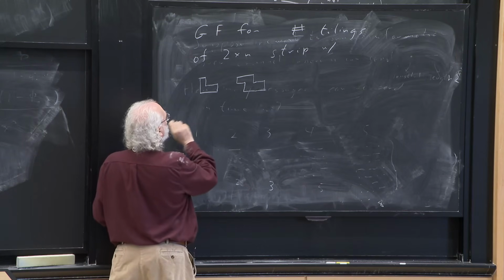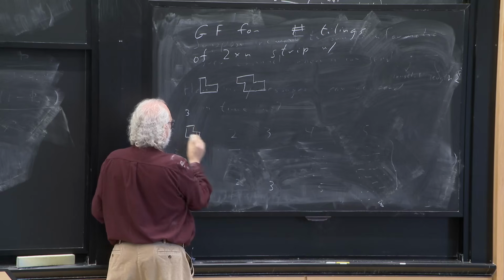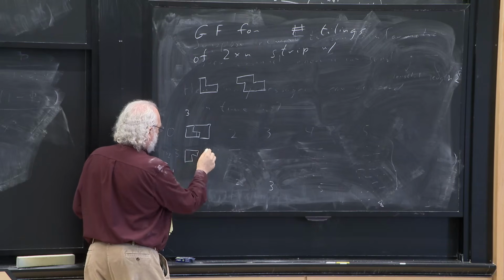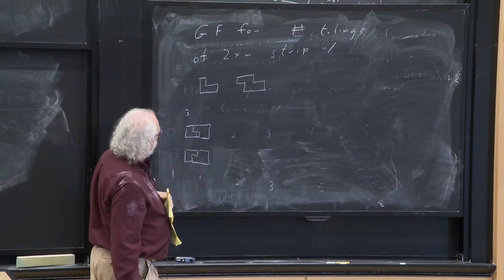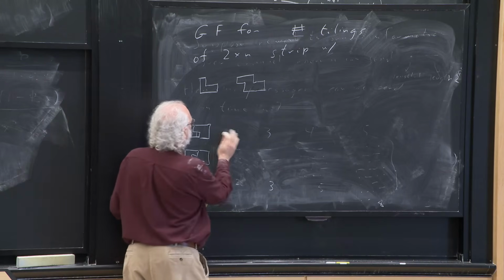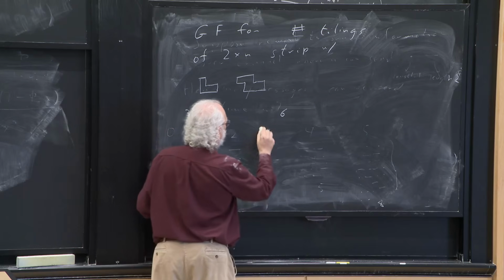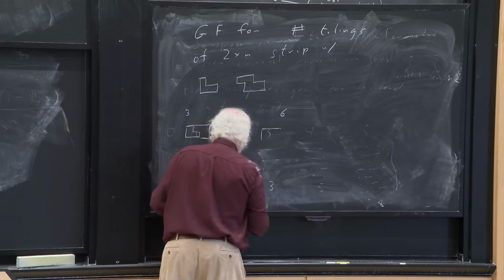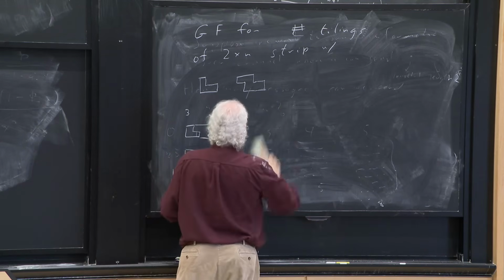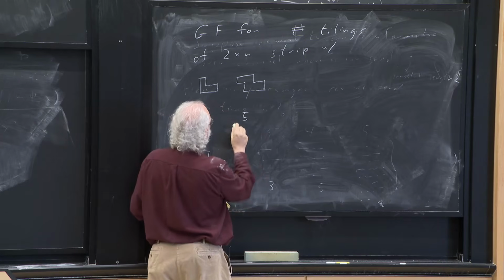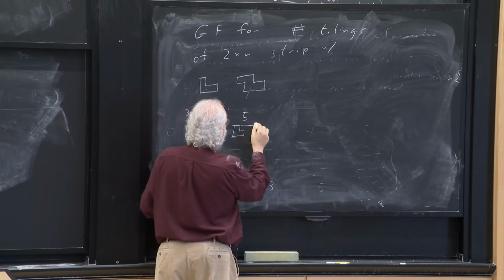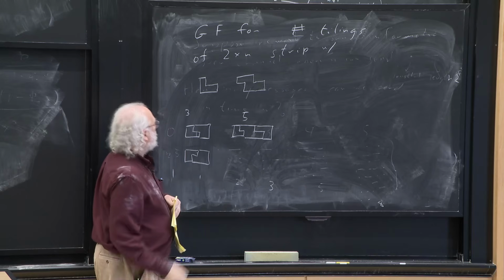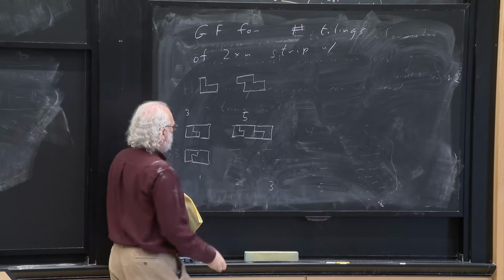So for 3, you get this. For 5, you get, yeah, that's 5, 1 plus 2 plus 2, and it's flipped.